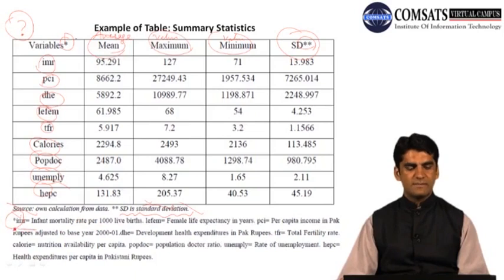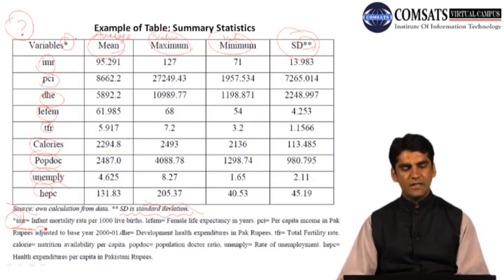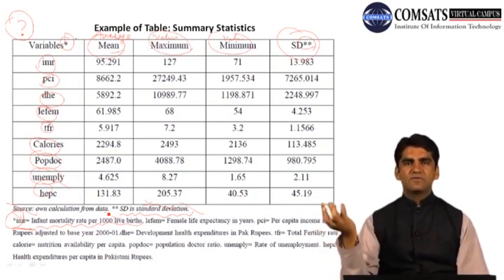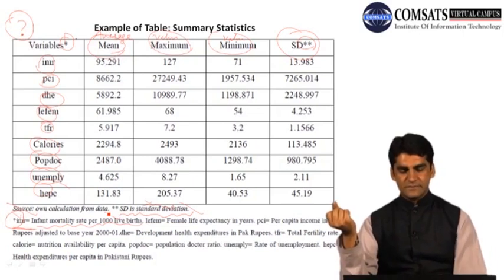So for example, what is IMR? It is infant mortality rate per 1,000 live births. So if 1,000 children are born alive, how many of them die before completing their first birthday is what infant mortality rate tells us.